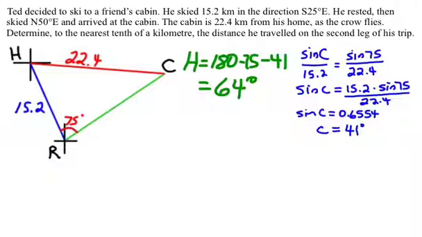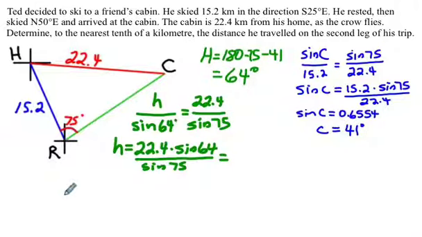So the last thing we need to find out now is side H, and that is the side that is across from angle H. So again, we set up the law of sines and we solve for H. And because 64 is smaller than 75, our number should be a little bit smaller than 22 kilometers. So I got 20.8 kilometers.